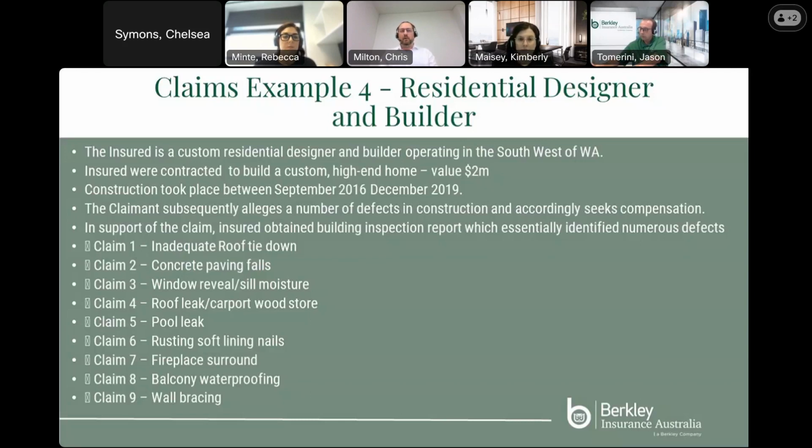And claim 9, which was finally balanced, was determined to have arisen from a failure in the provision of construction management. So indemnity was granted for claims 1 and 9, and the matter was finalised and settled with approximately $40,000 paid, including expenses. Next slide, please.